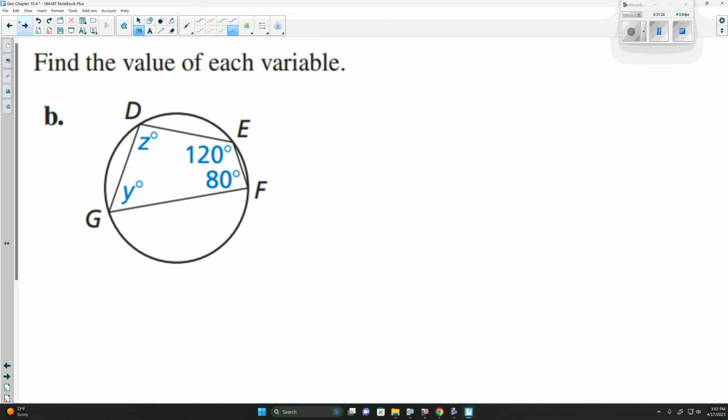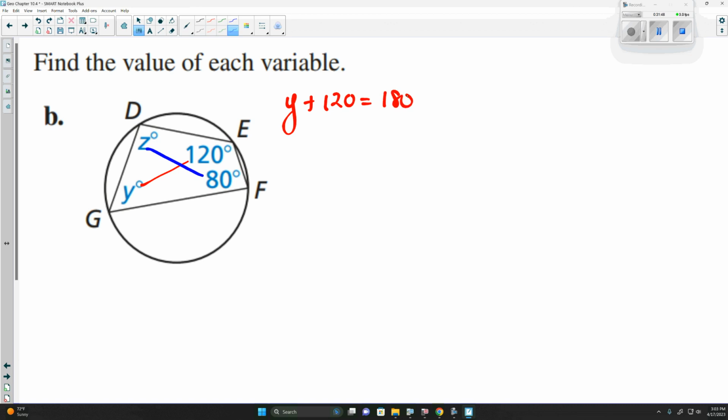So let's look at these here. Now these here, we're still using that theorem, the fact that the opposite angles inside an inscribed quadrilateral are supplementary. So that's telling us that y and 120, z and 80 add together to be, so total 360, or individually, y plus 120 is 180.